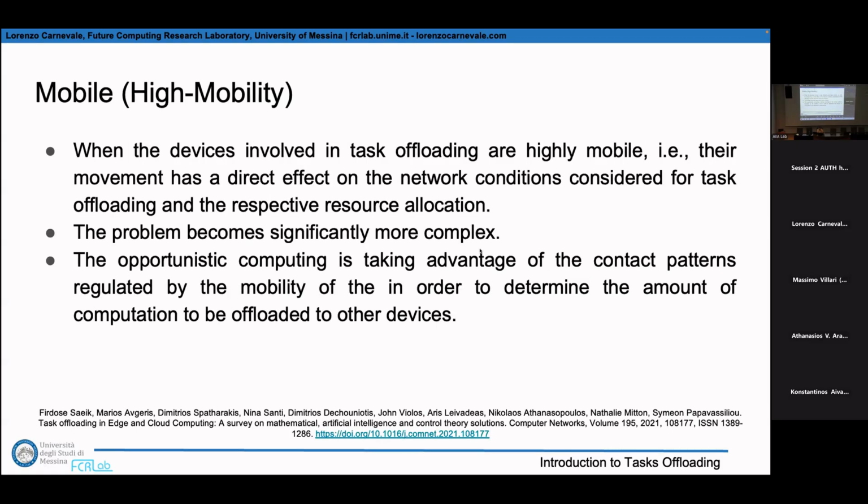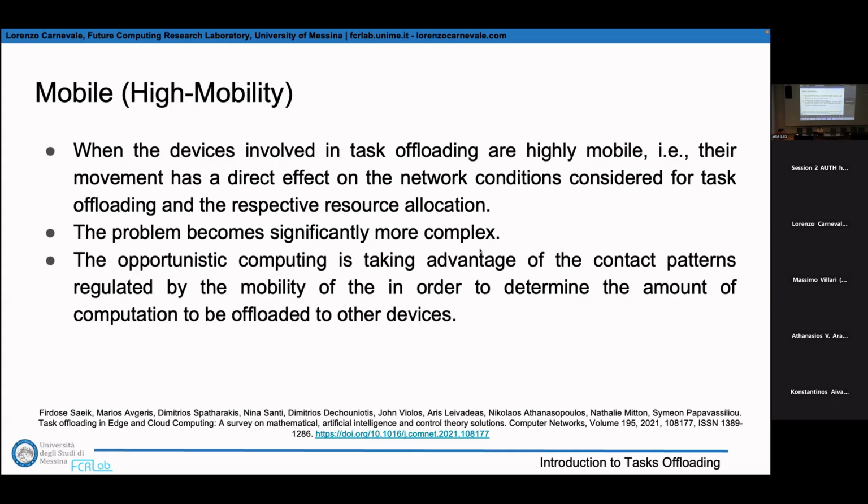Then we can have, as I said, devices with high mobility. In this case, the movement affects the network conditions that we have to consider when we offload the task, and the respective resource allocation, because the edge or cloud site could be different.